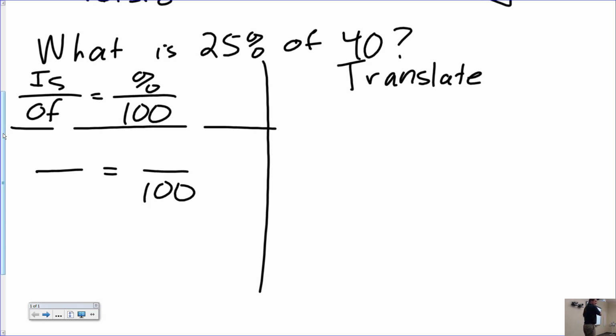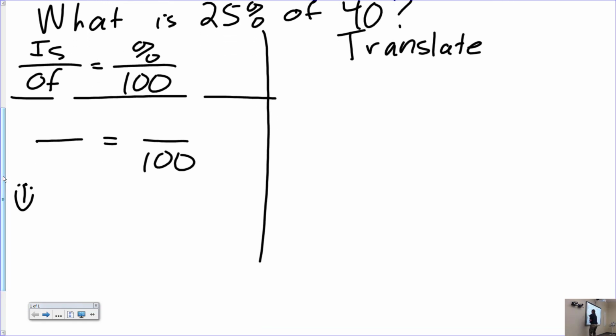When you go to fill in the other 3 spots, you're going to fill them in a specific order. Do the percent first. In other words, what number is in front of the percent sign, folks? 25. Put that where the percent sign is in this demonstration, right? 25 is over the 100.